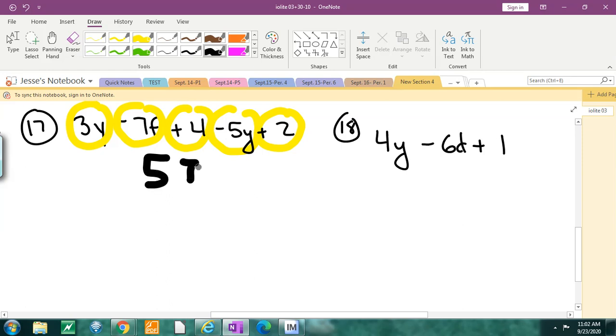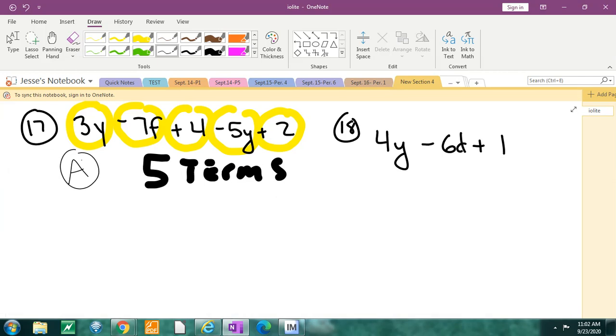So your answer for that one is 5 terms? A. A like an alligator. Why did you choose alligator? I don't know. I could have used apple. Alligator's much better.